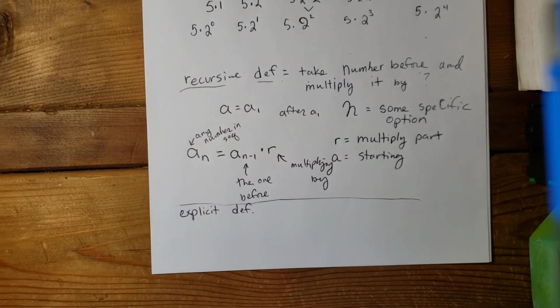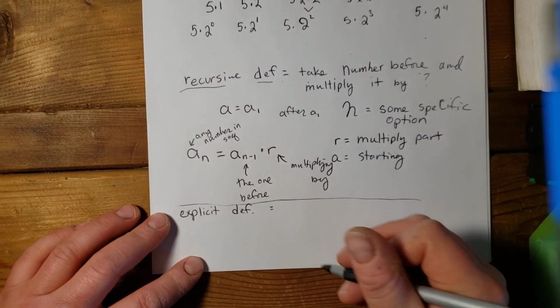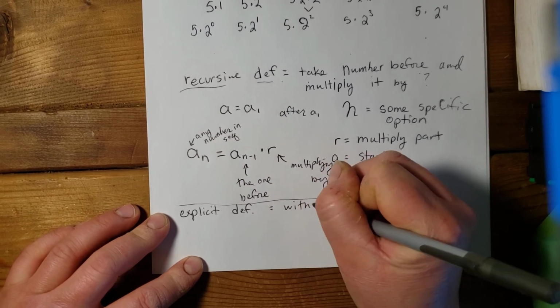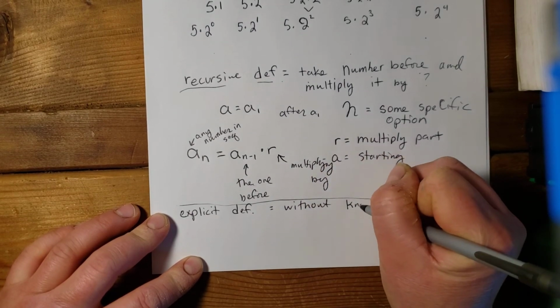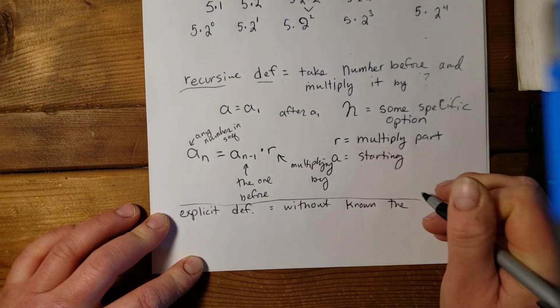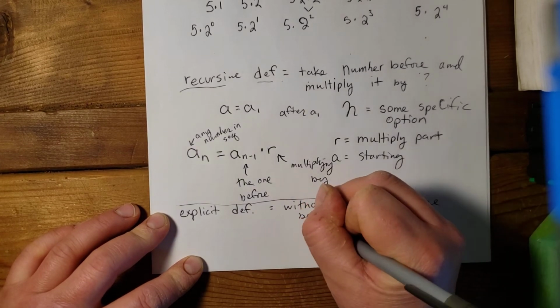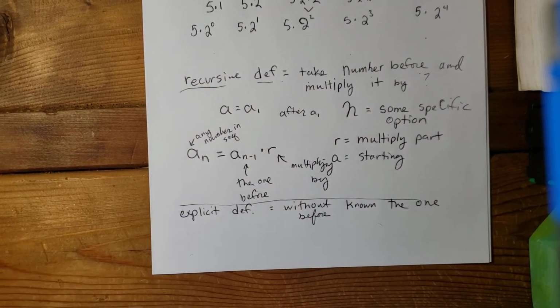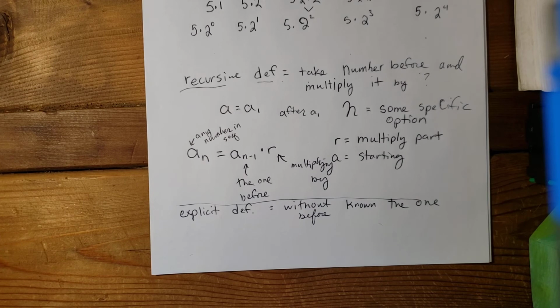Okay, so our explicit definition is without knowing the one before. Right? If I said I want you to find the 25th number in this sequence, but you don't know what the 24th is, the explicit definition will give it to you because it will help you answer it without knowing the one before. It's our single formula.